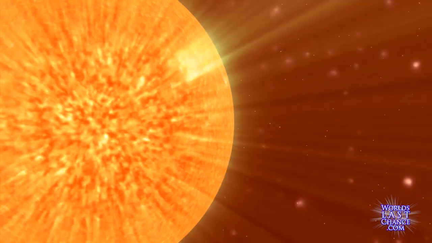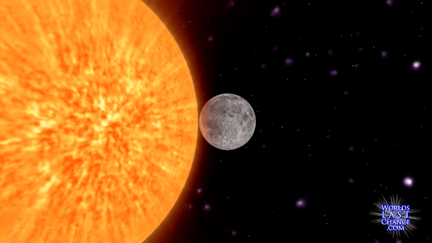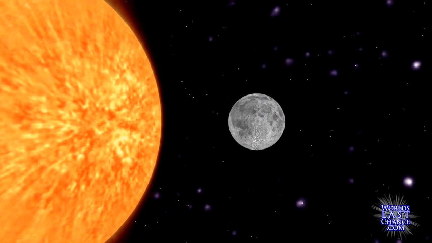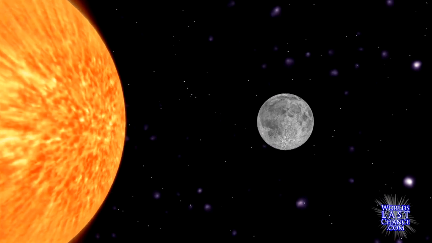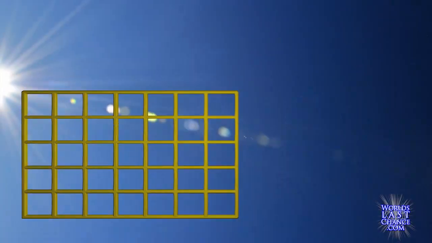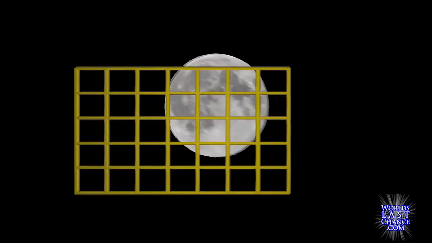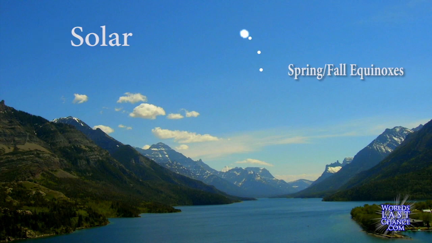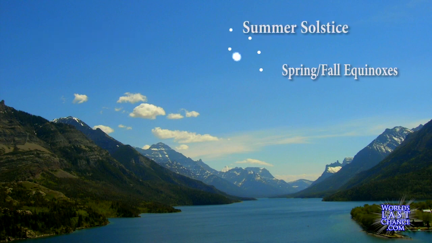There are 3 basic calendar formats using the movements of the sun and the moon: 1, solar; 2, lunar; 3, luni-solar. Solar, the measurement of the movement of earth and sun.